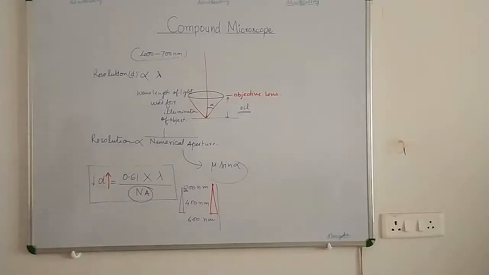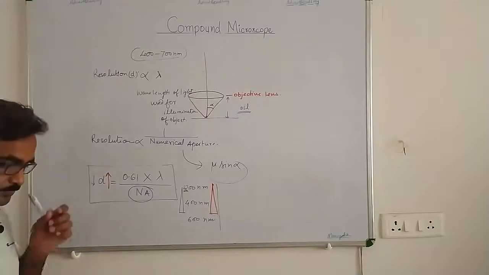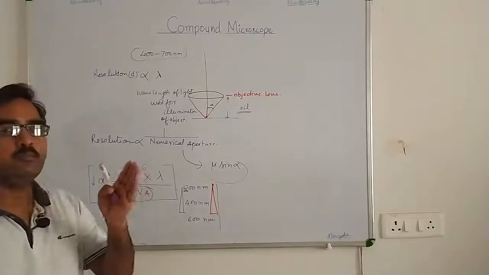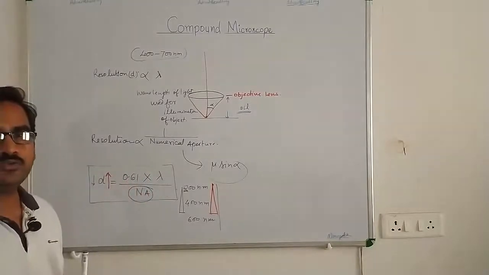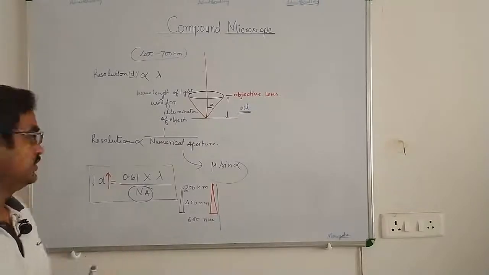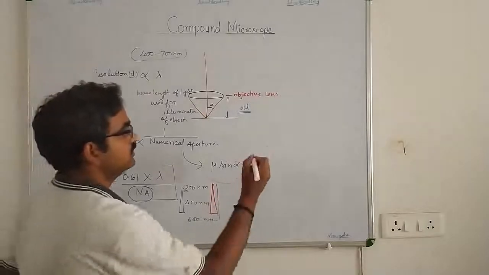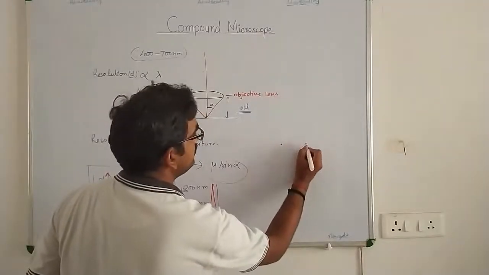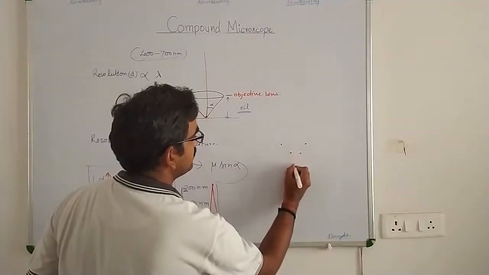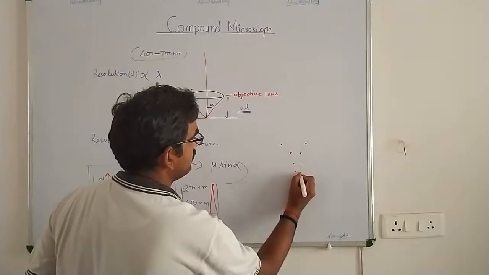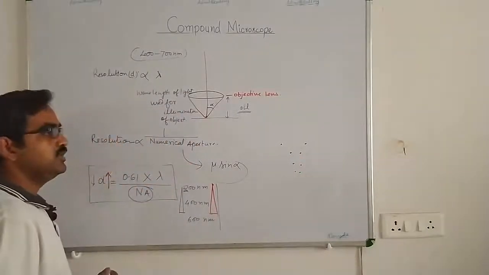There are two terms often used: resolving power of a microscope and resolution. Resolving power means, suppose these are two objects closely placed.